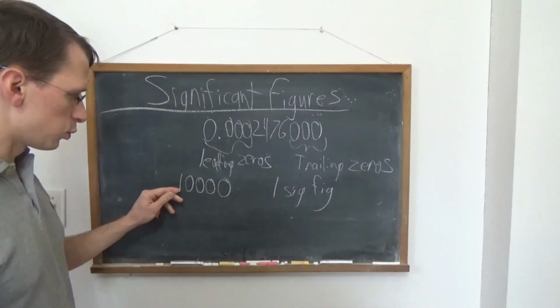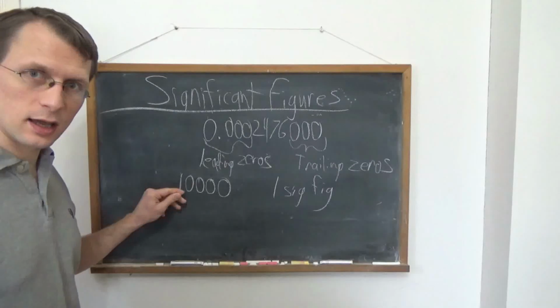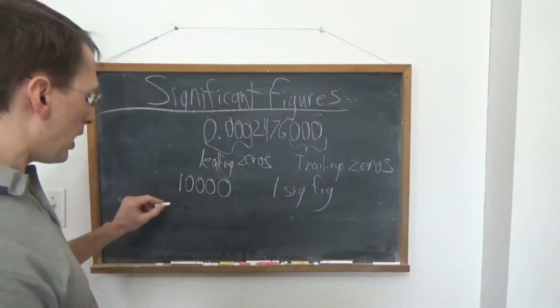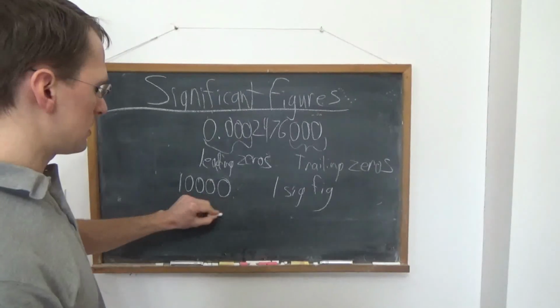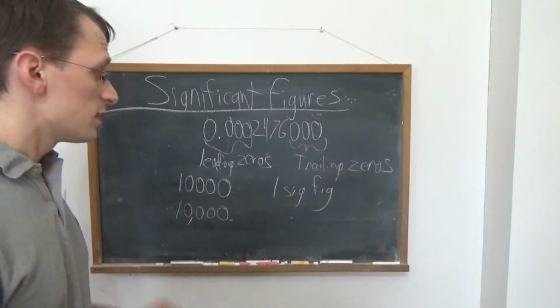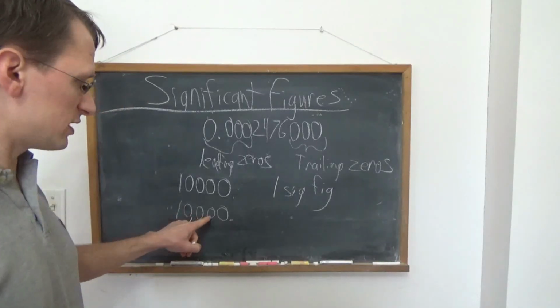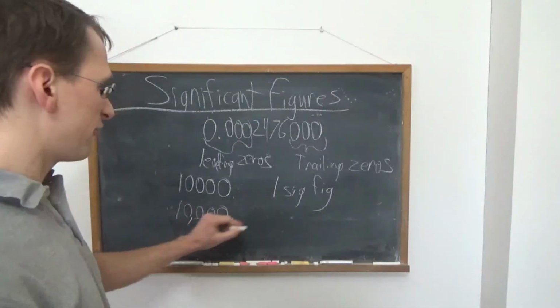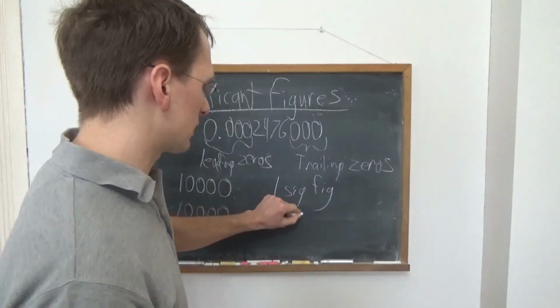We only count the 1 here as a significant figure because there's no decimal point. But if we were to say 10,000 and put a decimal point there, then all 4 of these zeros do count. So this would end up being 5 sig figs.